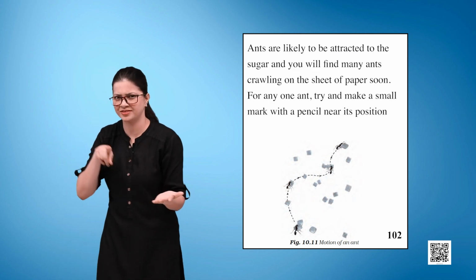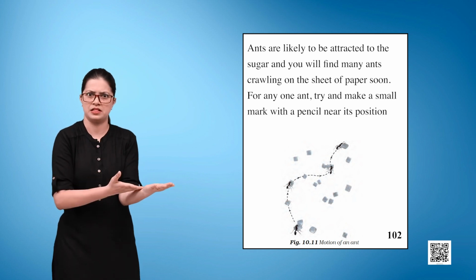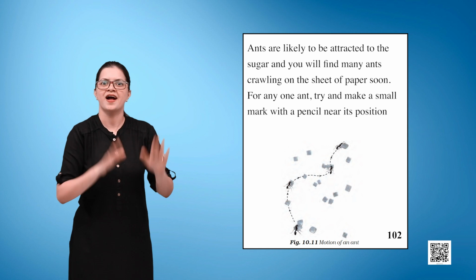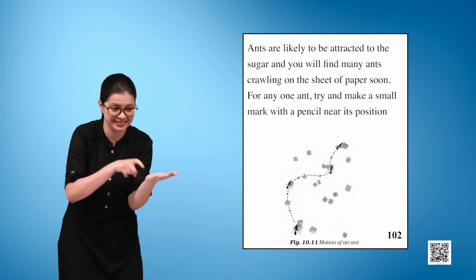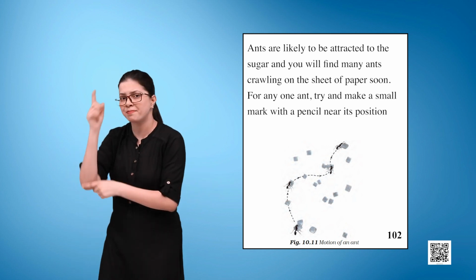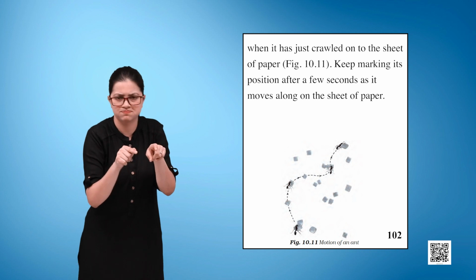Ants are likely to be attracted to the sugar, and you will find many ants crawling on the sheet of paper soon. For any one ant, try and make a small mark with a pencil near its position when it has just crawled onto the sheet of paper.